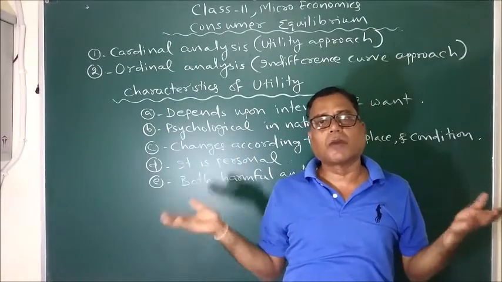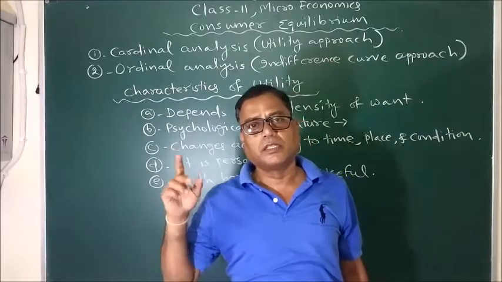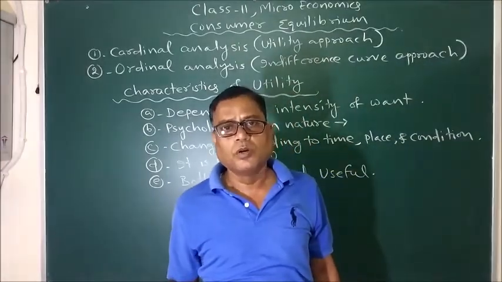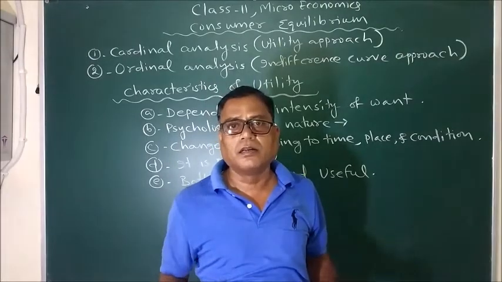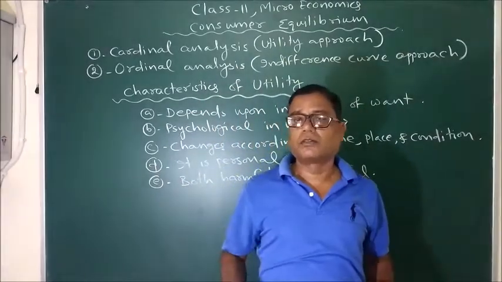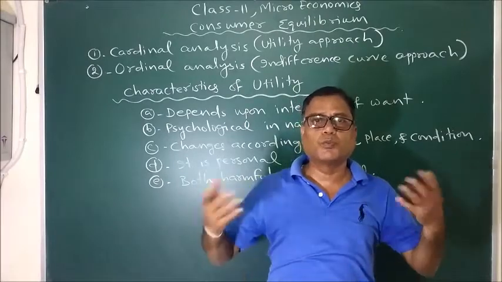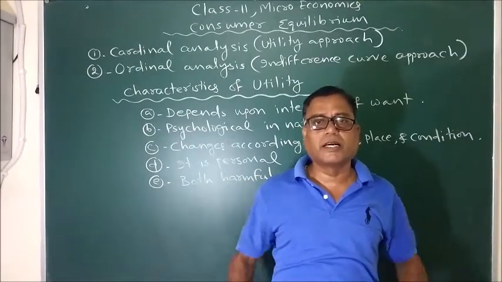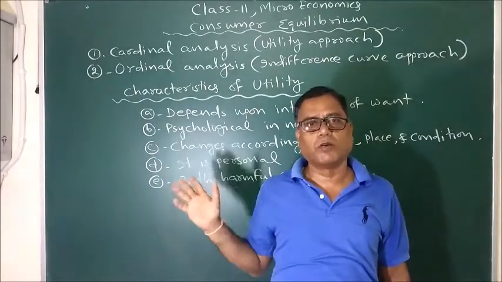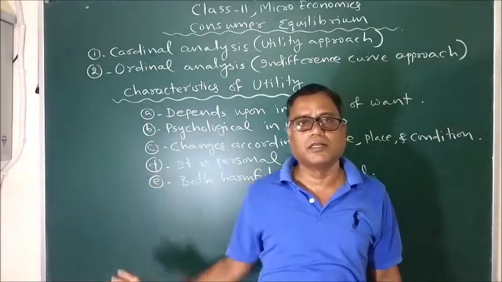And who is the supplier of the goods and services? It is the producers who add value to raw material or basic things and produce something that is more useful, or something that has a greater potential to satisfy human wants. So all these things we have already discussed.